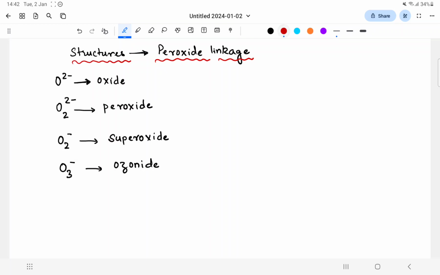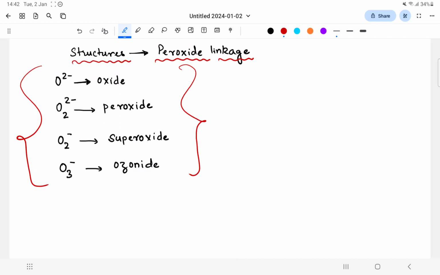So these are some very important ions related to oxygen that you would have seen if you have solved questions related to finding the oxidation number, the oxidation state, or the structure.